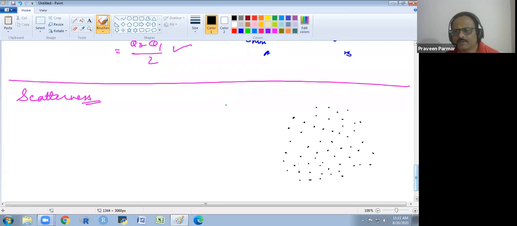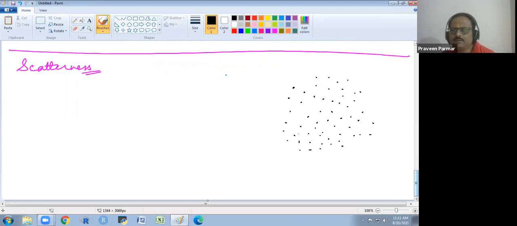And in these data points, somewhere is the mean, somewhere is the mode, and somewhere is the median. And these are the data points, x1, x2, x3, x4, up to xn, and this is xn minus 1. This way we have all these points.